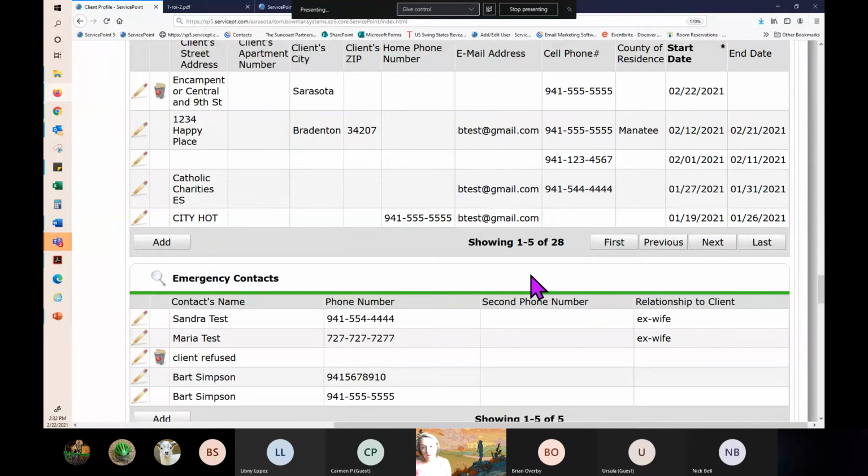Same thing with emergency contacts. We can use emergency contacts to relay a message to the client for the client to be able to reconnect with us as an agency. When I was managing the by name list for the veterans, I would call the veteran's emergency contact and say, hey, we're looking for Joe Smith, you're listed as his emergency contact.